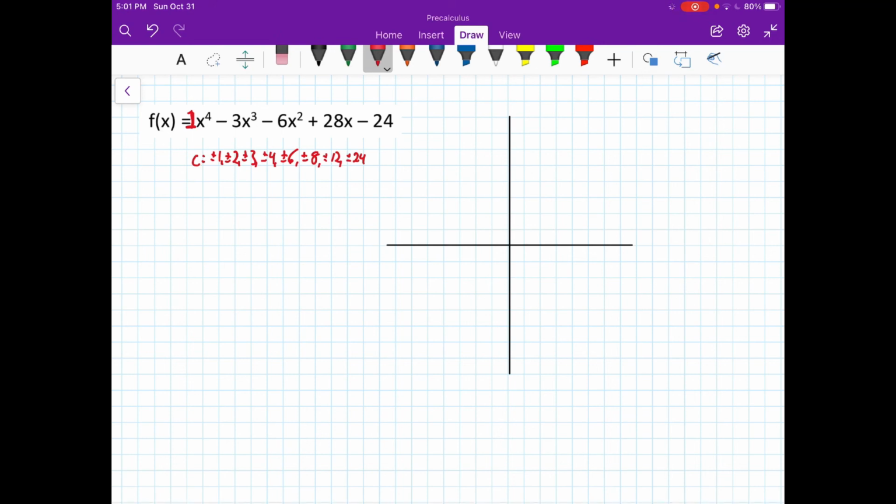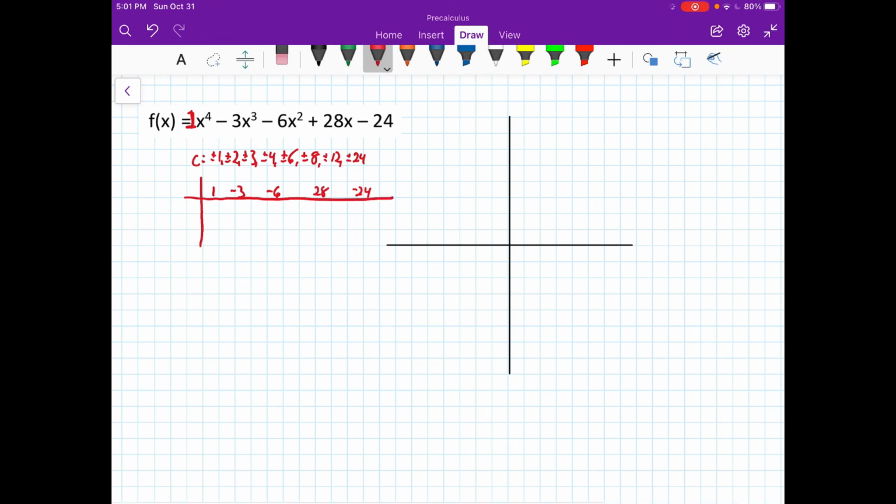So that's our C over D. Let's start trying these. So our coefficients are 1, -3, -6, 28, and -24.